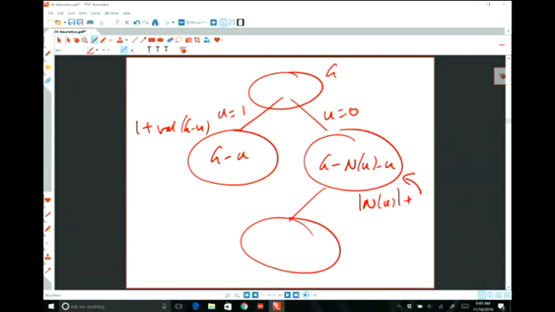Combined with some other information, for example in this case, the value of my vertex cover is the neighborhood of U plus whatever is the vertex cover of this subgraph. Suppose when I explored this path, I already found a vertex cover. It may not be optimal, but I know I have a vertex cover of size 100 in the graph.